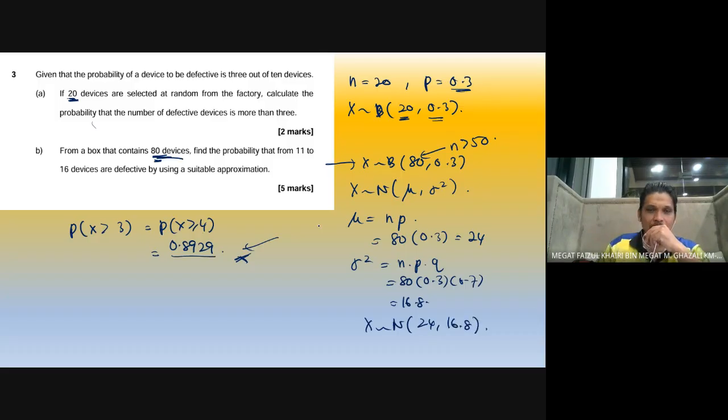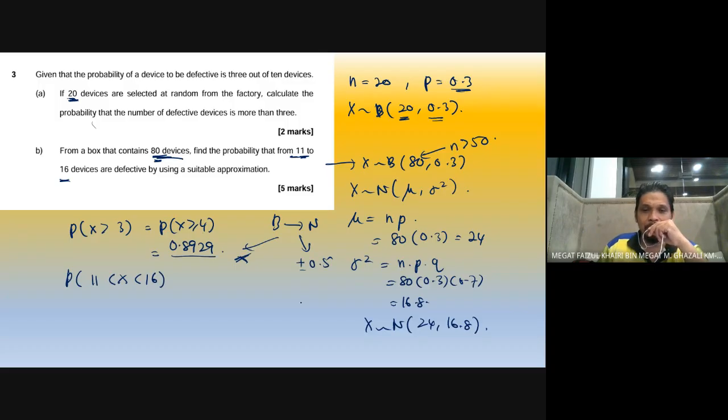Okay, so find the probability that from 11 to 16 devices are defective. So the probability of X from 11 to 16. From binomial to normal, we need to make an adjustment called continuity correction, which is the process of plus or minus 0.5.